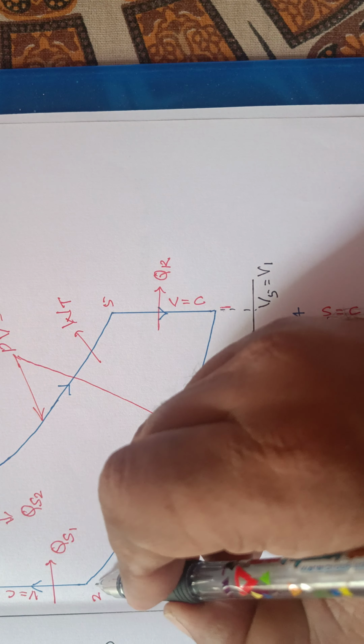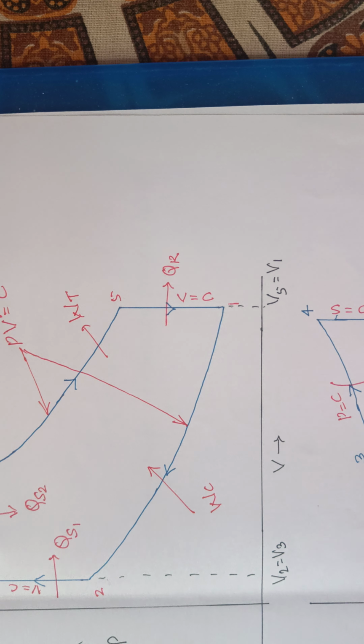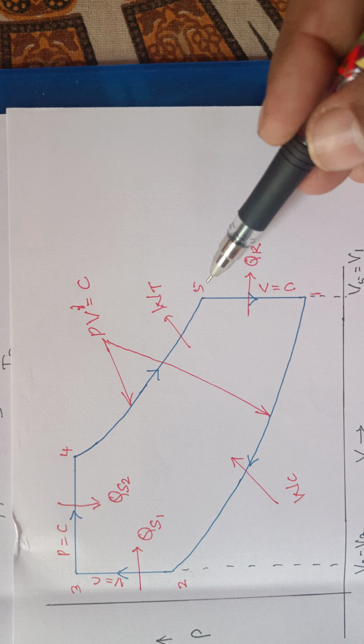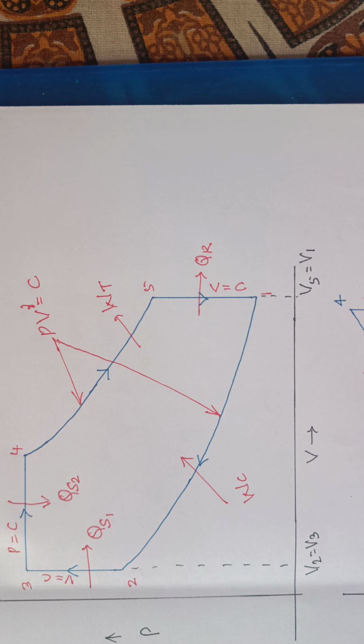Similarly, V2 is same as V3, clear on a PV diagram. So I repeat, V2 is same as V3 and V5 is same as V1. With this, I am substituting in the equation.